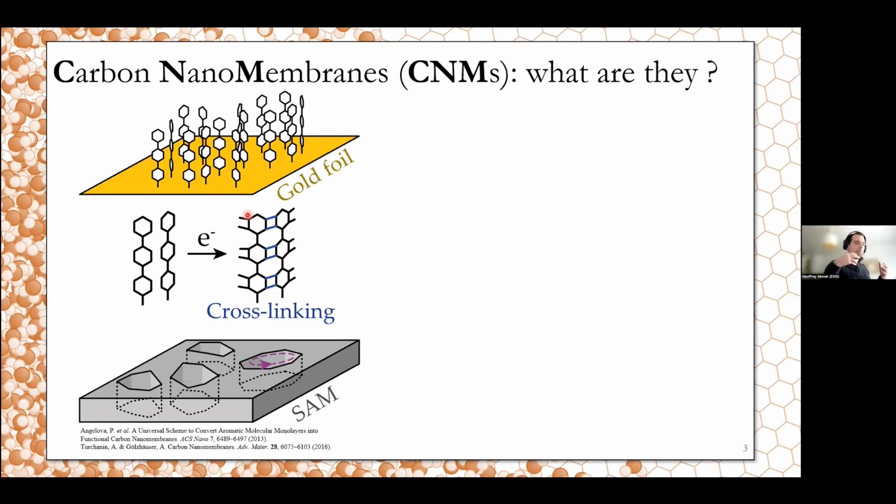Because of the radiation of electrons, there will be a reorganization of the interatomic bonds, and the TPT chains will cross-link with each other. Finally, we just remove the gold foil, and you end up with a self-assembled monolayer that is self-supporting.